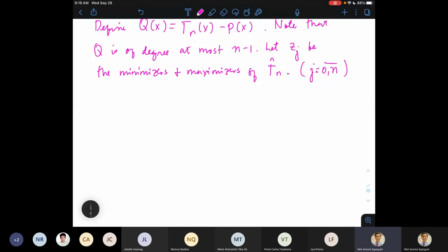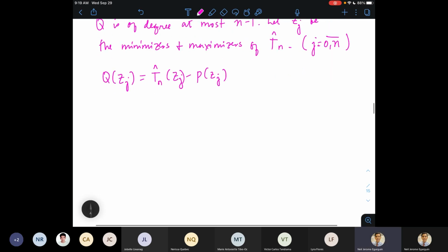Now I want to look at them because I'll look at Q of ζ_j. So Q of ζ_j is T hat sub n of ζ_j minus P of ζ_j, right? But this guy will be 2 to the 1 minus n times either plus or minus 1, right? So the Chebyshev polynomial is either plus 1 or minus 1 at the values of ζ_j.